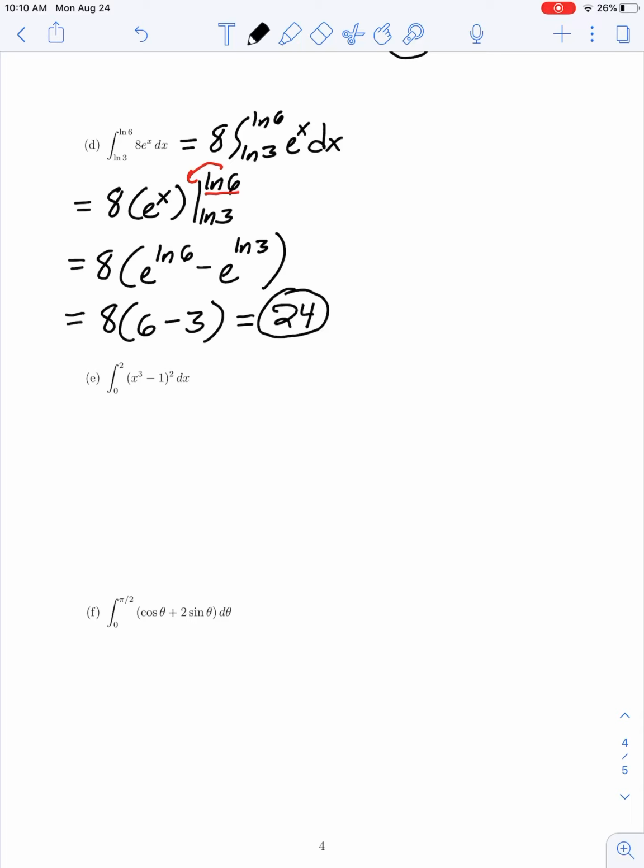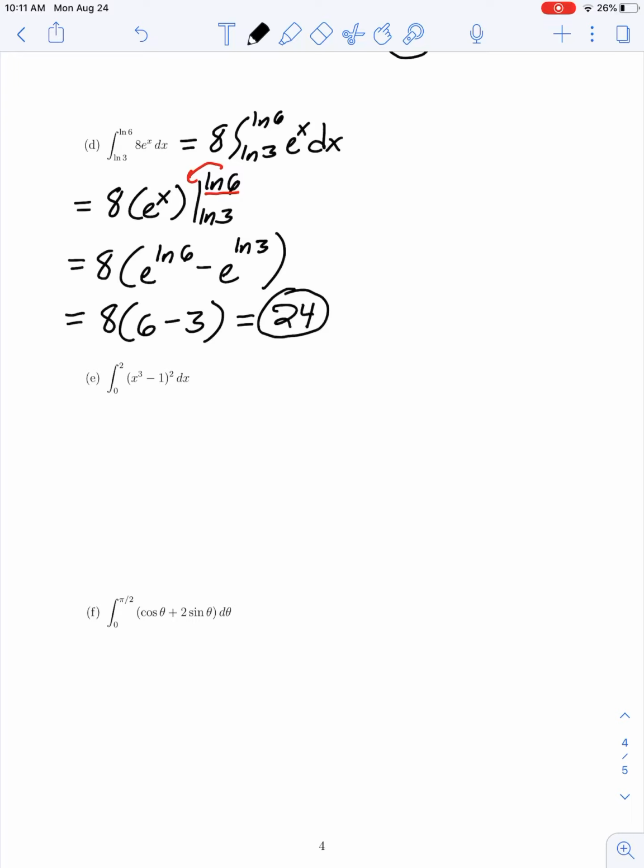In part E, we have the integral from 0 to 2 of x cubed minus 1 quantity squared dx. So this is a composite function that we're trying to integrate. And in general, integrating or finding an antiderivative of a composite function can be a little bit tricky.